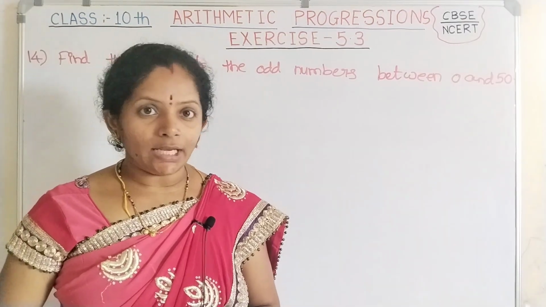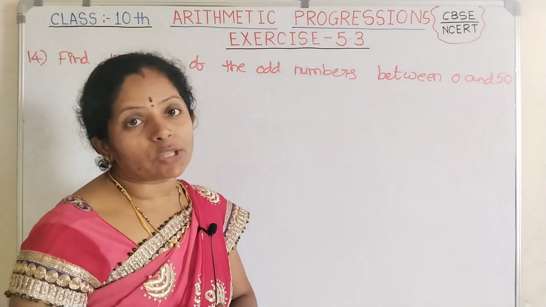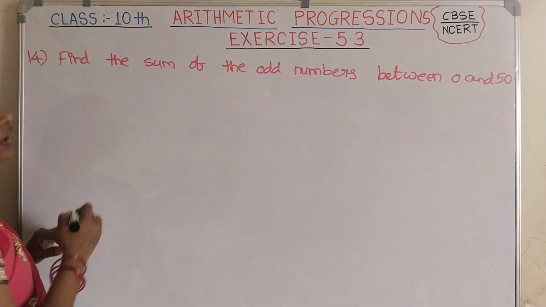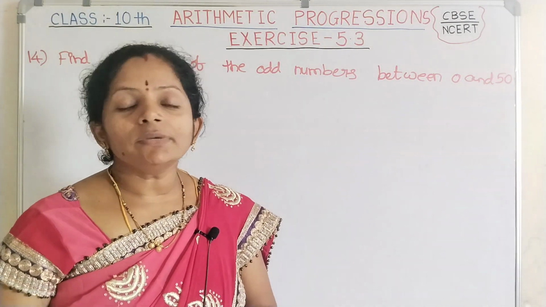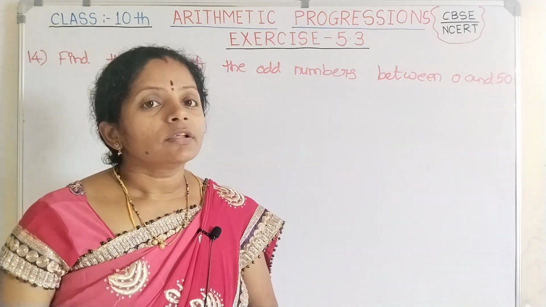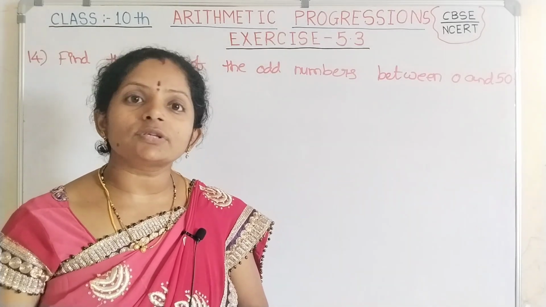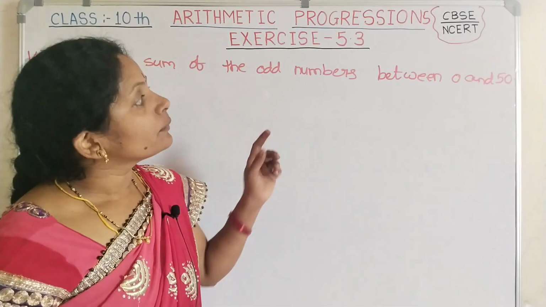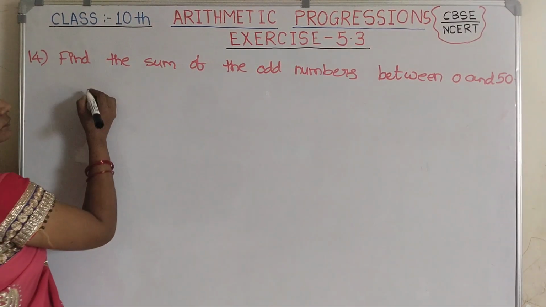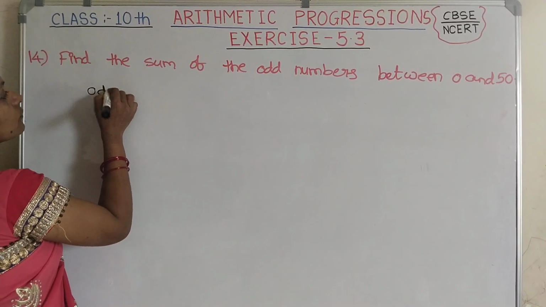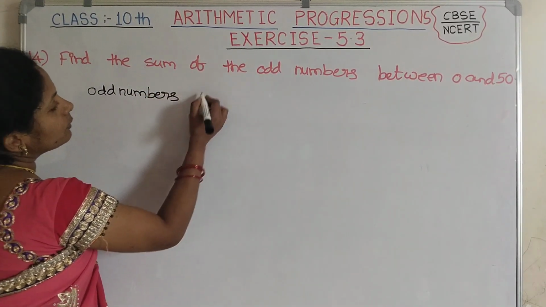Next, question number 14. Find the sum of the odd numbers between 0 and 50. Which are the odd numbers? The numbers which, after division by 2, leave remainder 1, those numbers are called odd numbers.